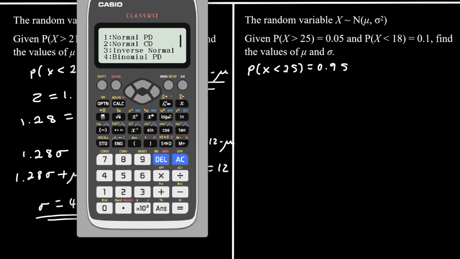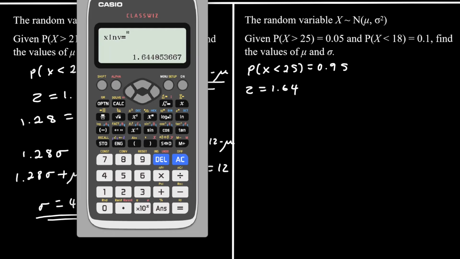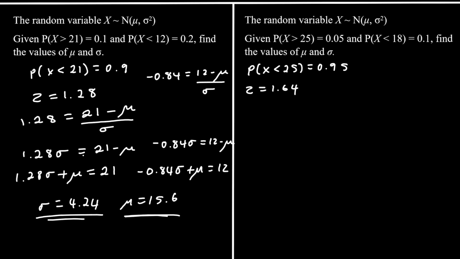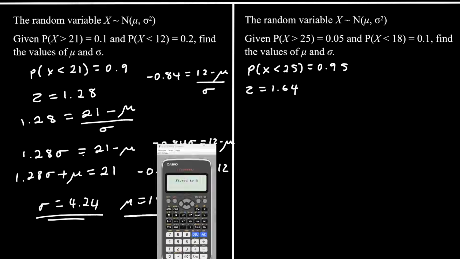So for distribution, inverse normal, 0.95, our z value is 1.64. And I'll store that. For the other one, the probability x is less than 18 is 0.1. We get negative 1.28. Store that one as well.